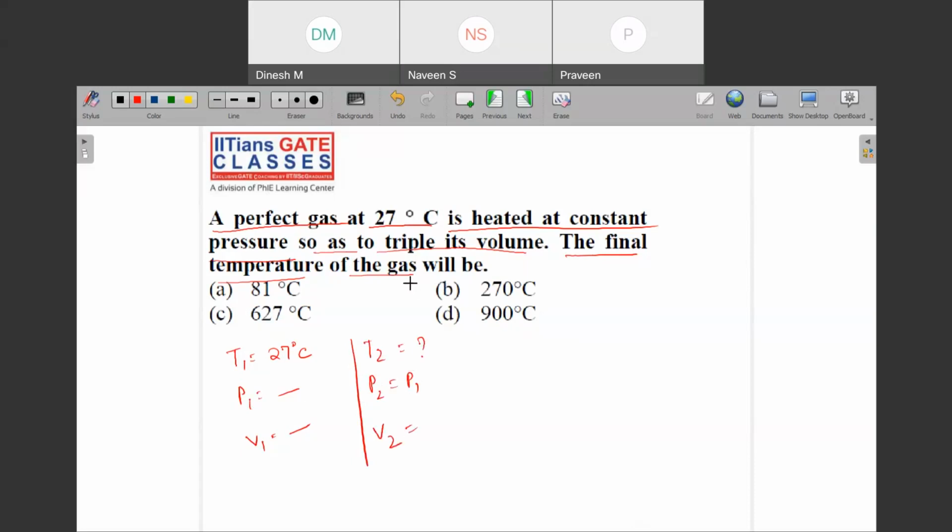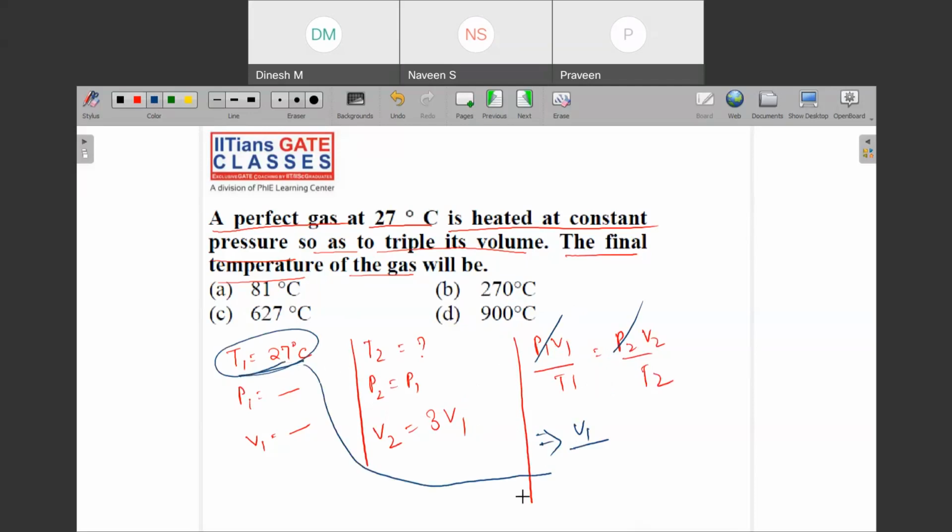The final volume is triple, so V2 is 3V1. Can I apply P1 V1 upon T1 equals P2 V2 upon T2 for a constant pressure process? I can directly remove P1 and P2 and use the relations. V1 upon T1, I know 27 degrees Celsius, but we will always use the Kelvin scale, so this will become 300, equal to V2, which is 3V1, upon T2.